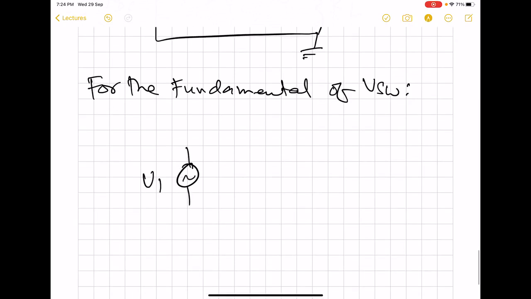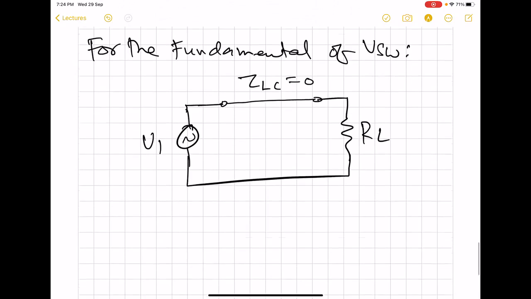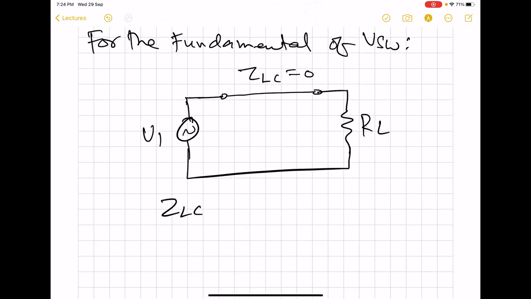We have a sinusoidal source V1, and this fundamental is defined as the frequency where the LC is going to offer 0 impedance. This is the definition of the fundamental. So ZLC is equal to 0, which implies omega is equal to 1 by square root of LC.